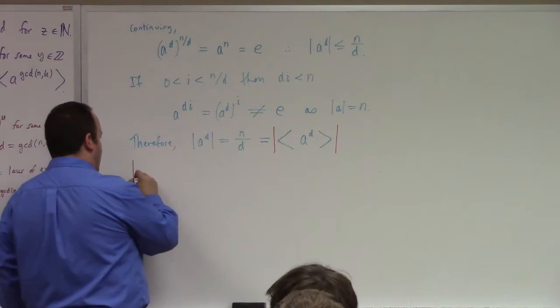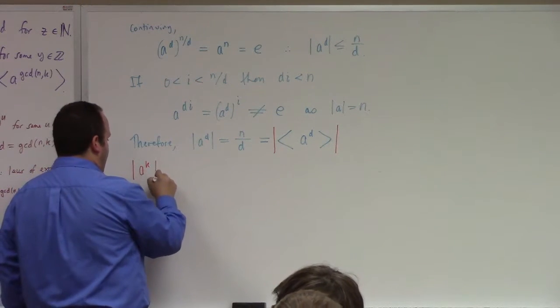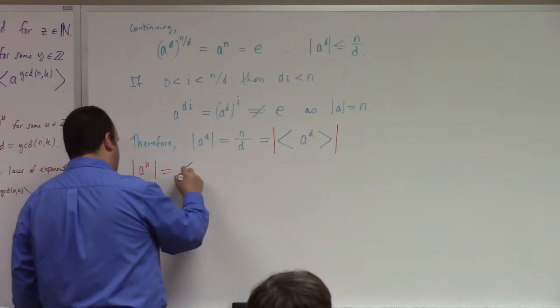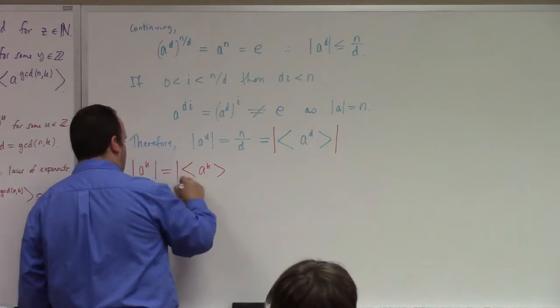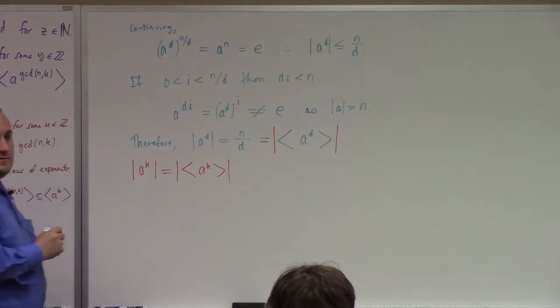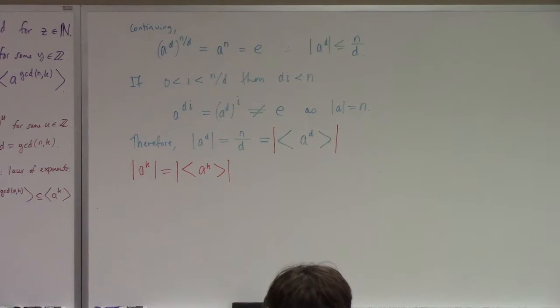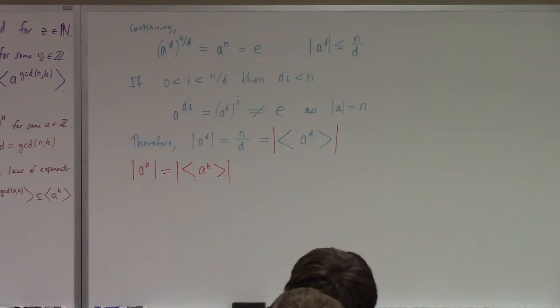But what else do we know? We also know that the order of a to the k is equal to the order of the subgroup it generates, right? However, what else have we shown at this point? We have shown that these two subgroups are, in fact, one and the same. If they're the same set, they have the same number of elements, right?